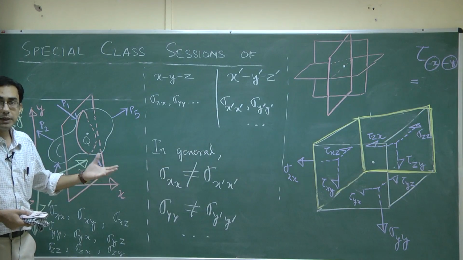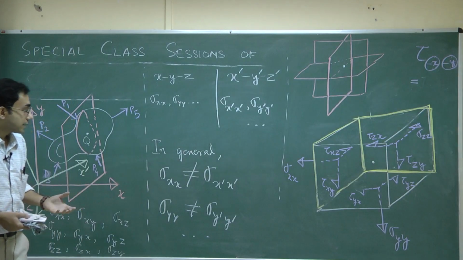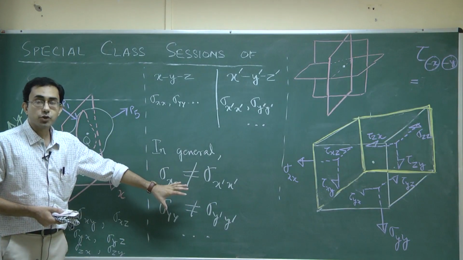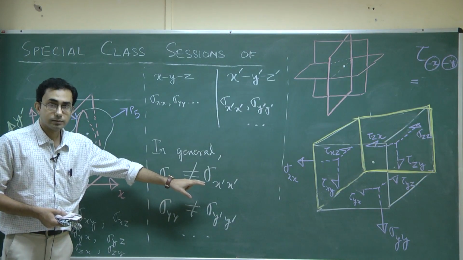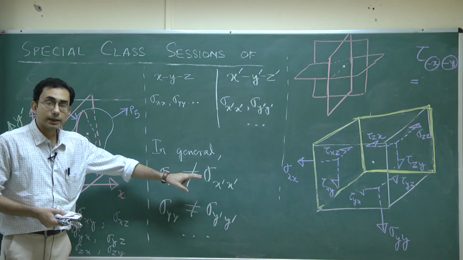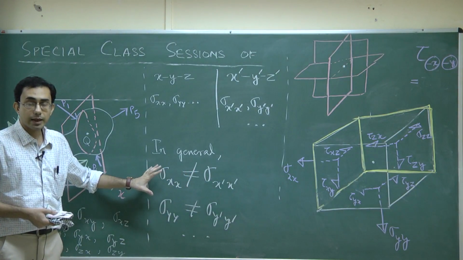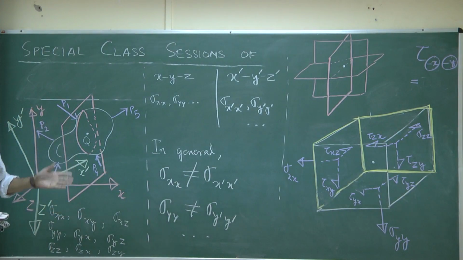How can it mean different? That means the natural conclusion is, even though they may not be equal, there must be some sort of relationship which connects this one and this one. It is not directly equal, but there is some relationship between the stress components which arise by taking different coordinate axes and by considering different cutting planes.